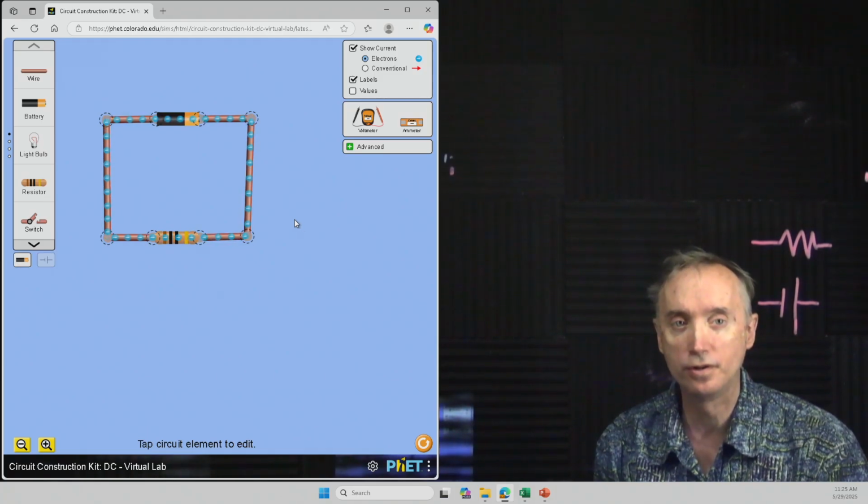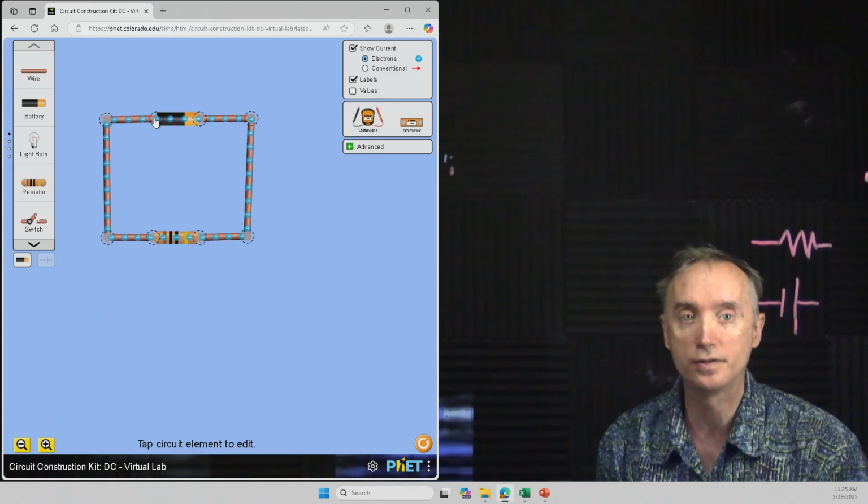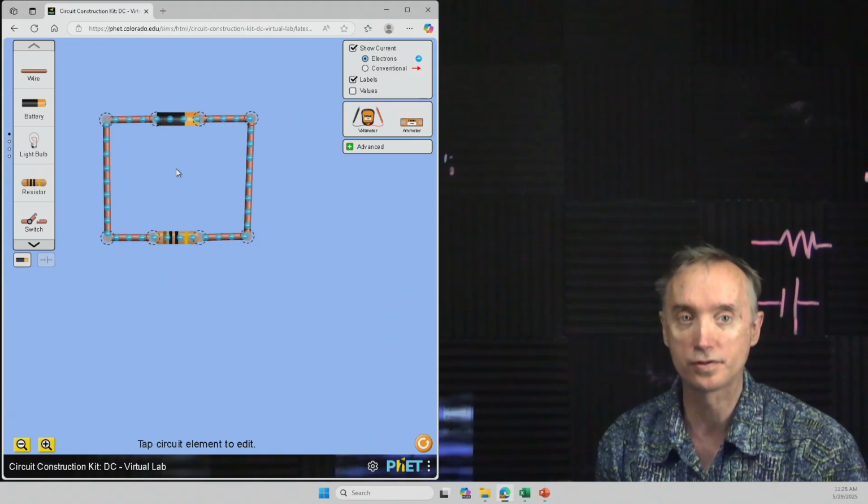And you should also notice that on this battery, this is the positive end of the battery, and so this is the part that has the knob on it. And then this side over here is the negative end of the battery. And so what do you notice?